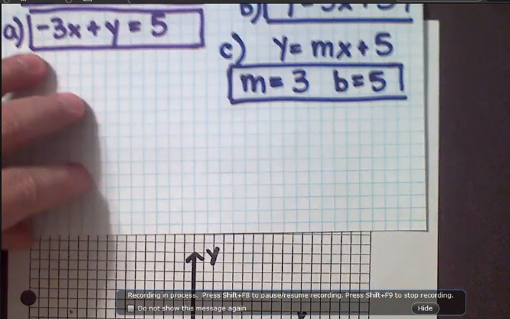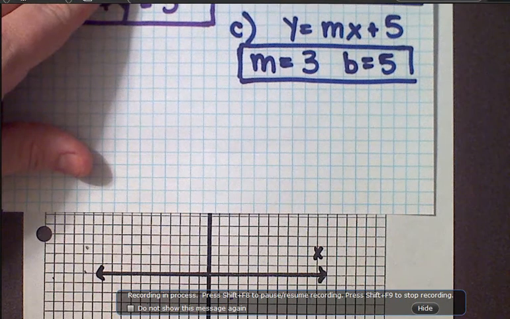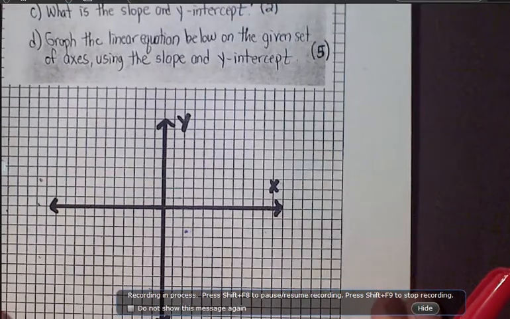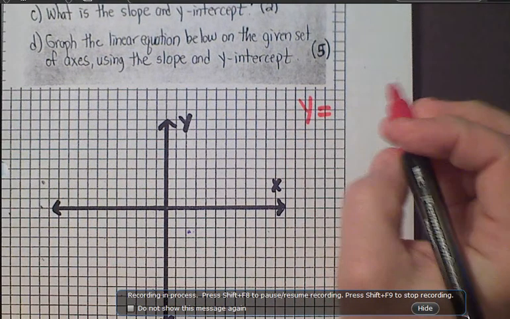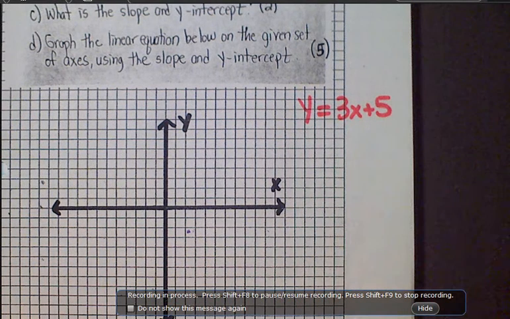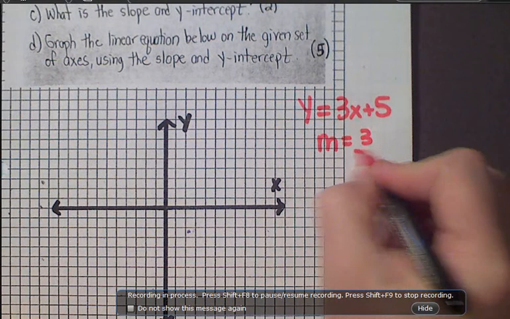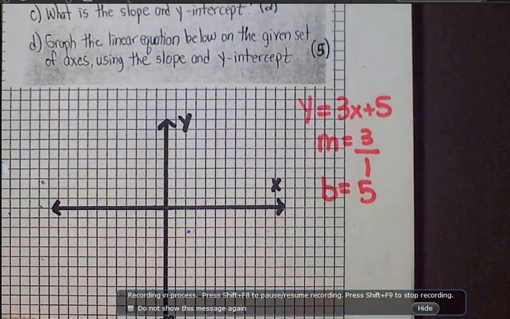I'll write it a little bit below what we have, but we're trying to take the equation which we had, y equals 3x plus 5, and then using what we found out in part C, we found out that the slope was 3. I'm going to write that as a fraction, and my y-intercept was 5.